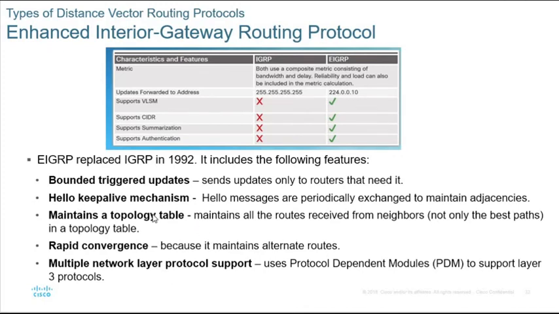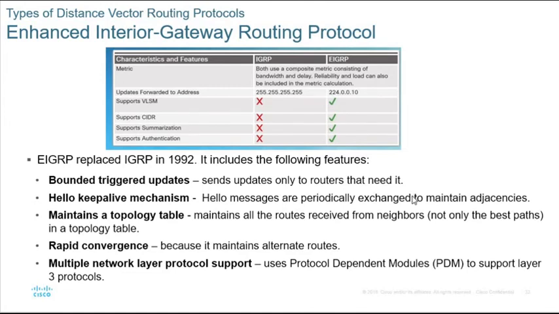Number one, it has bounded triggered updates. It's more like a semi-OSPF; you remember OSPF being triggered update. We can consider EIGRP a semi-OSPF. Bounded triggered update means it only sends updates to routers that need it.